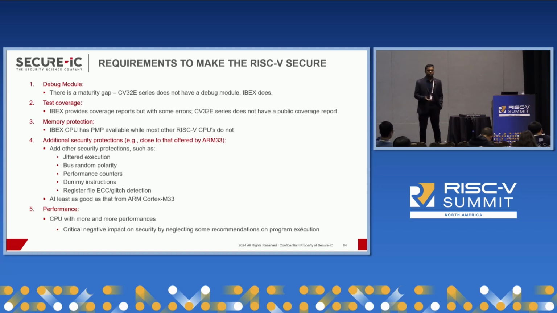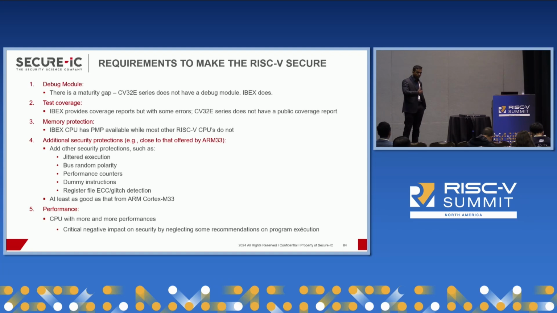Performance counters, this is good as well. If your code is taking more time to execute than expected, or if there are cache misses, for example, your performance counter will tell you that something is wrong and report it. So performance counter is another way. Dummy instructions: IBEX again comes with a dummy instruction feature, to protect against timing attacks. And ECC and glitch detection.